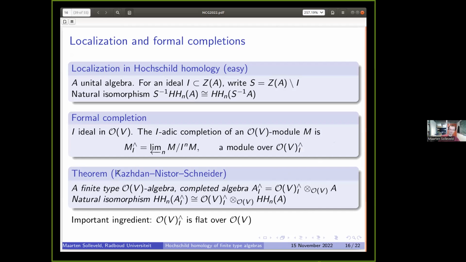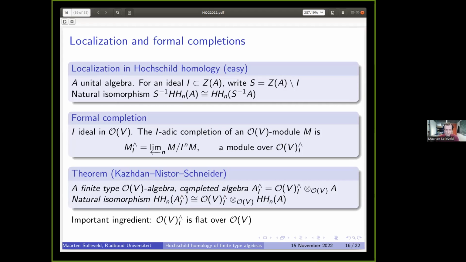And Kazhdan, Nistor, Schneider in their paper on finite type algebras proved in fact that this formal completion with respect to an ideal commutes with the operation of Hochschild homology, in the sense that you take Hochschild homology, then you formally complete it in this way, and that's isomorphic to first completing the algebra and then taking the Hochschild homology.